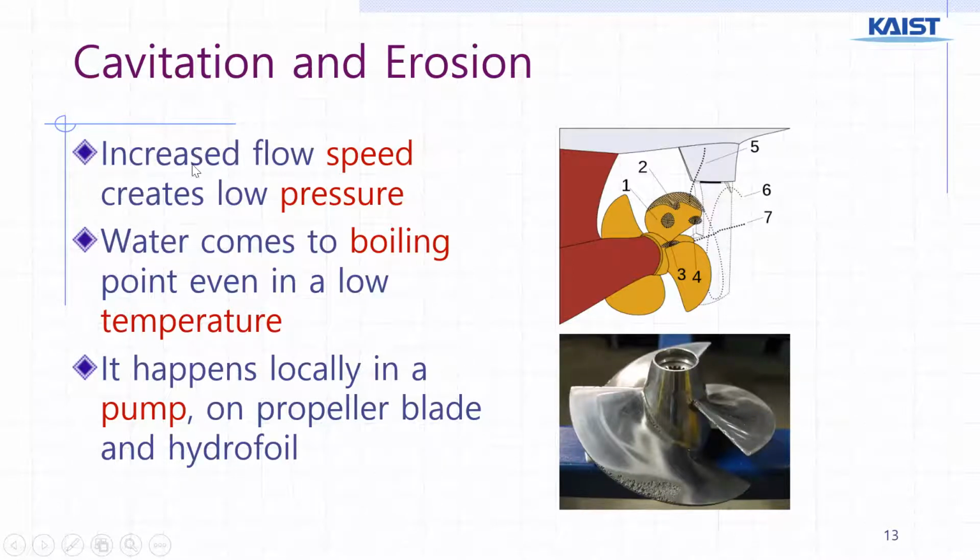Anyway, as the speed of the ship and also the speed of the propeller increase, it creates a low pressure because of the speed, very similar to a blade or airplane wing. And then because of the low pressure, water boils at a lower temperature, even at normal water temperature.